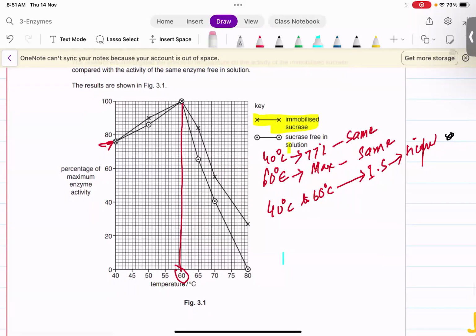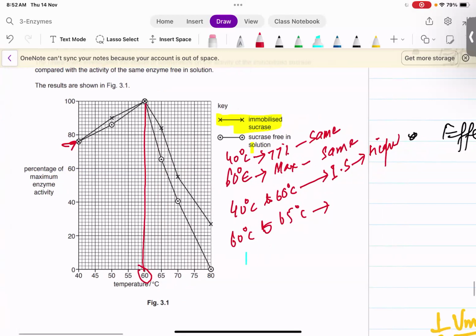Okay. And then from 60 degrees Celsius to 65 degrees Celsius, there is a decrease in the enzyme activity in both.